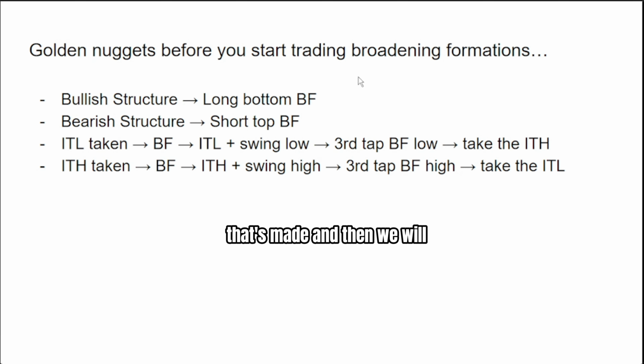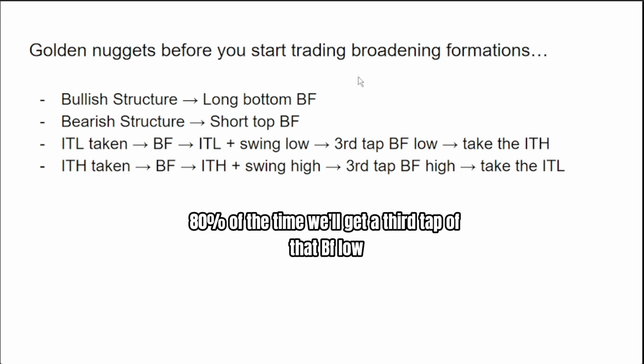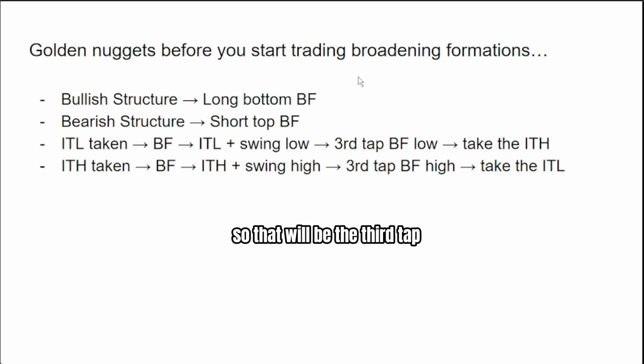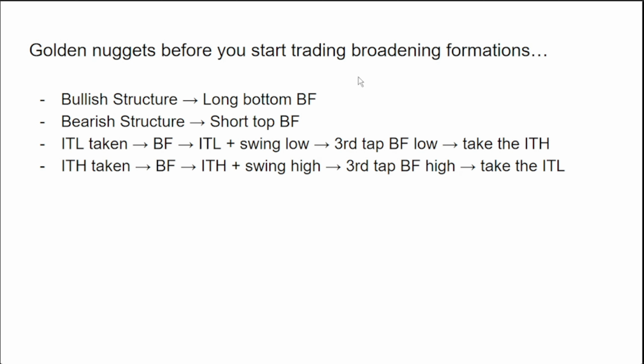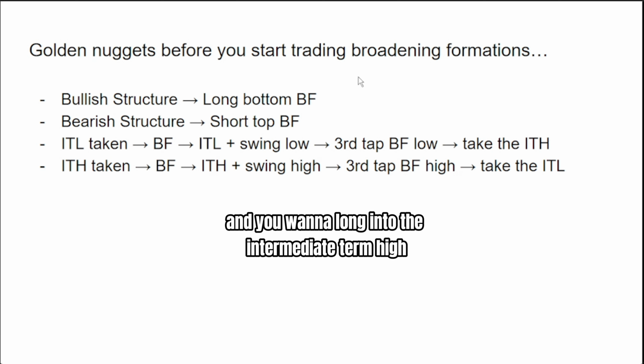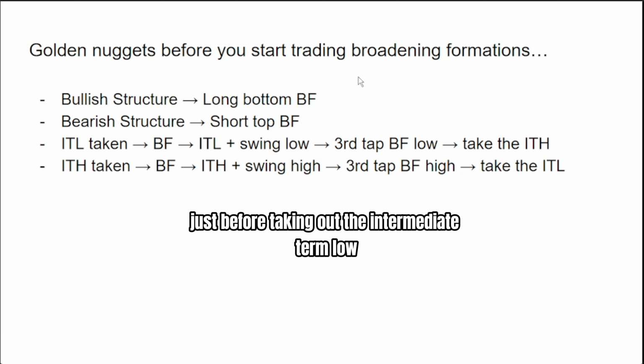And then 80% of the time, we will get a third tap of that BF low. So that will be the third tap. So we have the intermediate term low, that's a swing point. And then we have the new swing low that took out the intermediate term low, that's another swing point. And then when it comes back the third time, that's when you want to long, and you want to long into the intermediate term high that we made just before taking out the intermediate term low.